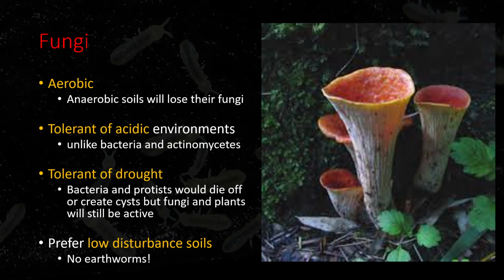They are very tolerant of acidic environments, however, which bacteria and actinomycetes, because they're a type of bacteria, are not. So funguses like our acidic forests of northern Ontario. We have several different species that grow here. They also are surprisingly tolerant of drought.